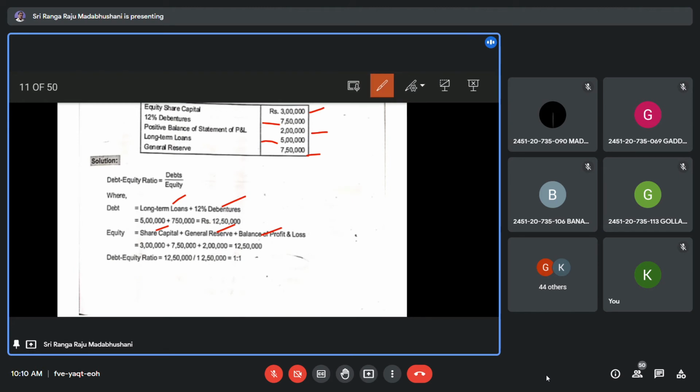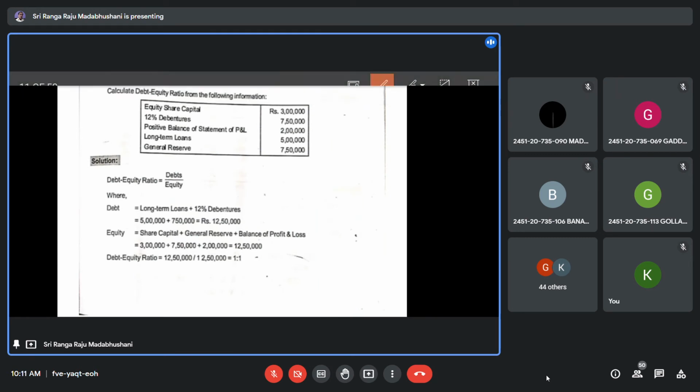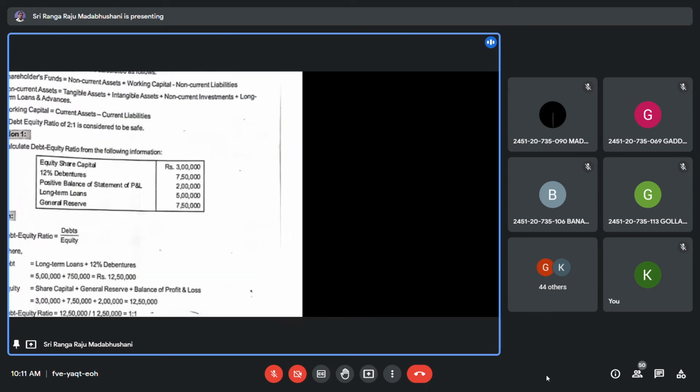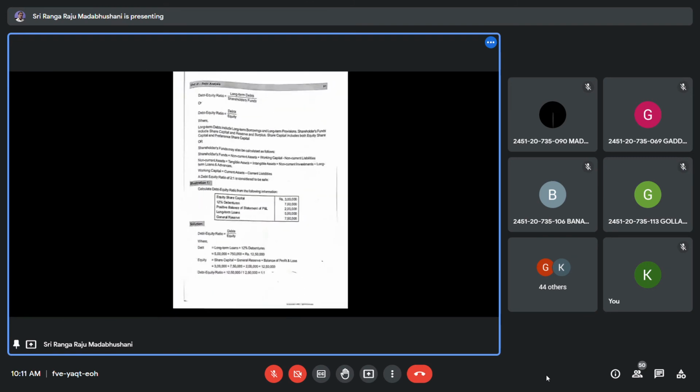The assets will be double the liabilities, so the financial position of the firm is not so good. So it is equal, not stronger, but it's okay. When the assets are more than their debt, then the financial position of the firm is stronger.